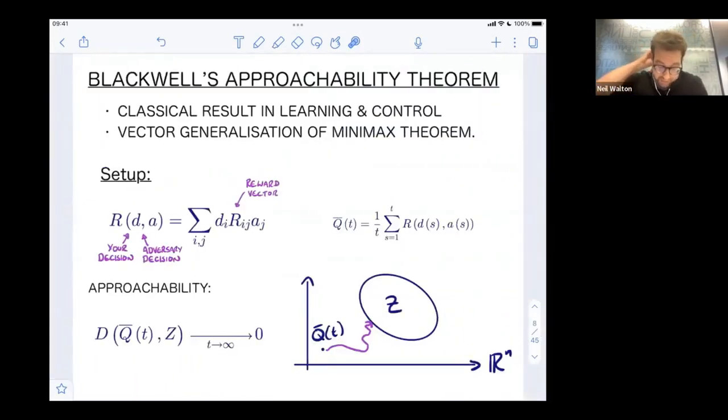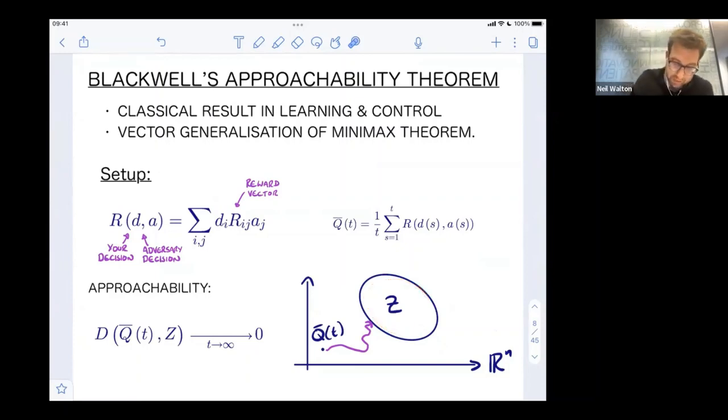So what does Blackwell's approachability theorem do? I won't go into too much detail, but essentially it's a result where I can make some random walk that's controlled in time, and I'm able to make it go towards some convex set. If I'm able to get that, I say that my random walk is approachable, that I can control its behavior towards some convex set, and otherwise I say it isn't approachable.